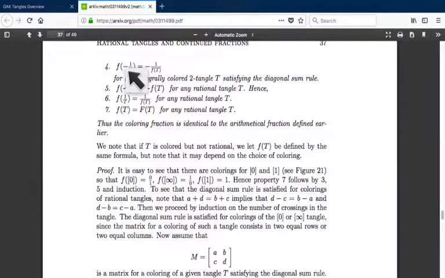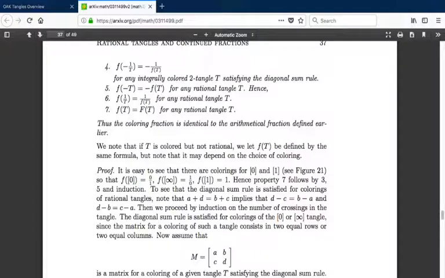Also that it commutes with the opposite reciprocal operation, which remember on tangles is just a rotation of the tangle by 90 degrees. That it also commutes with the operation of reversal, reversing all the crossings in a rational tangle. That means, therefore, that it commutes with the regular reciprocal. And all of these are exactly the same properties that characterized the continued fraction tangle number of a rational tangle.